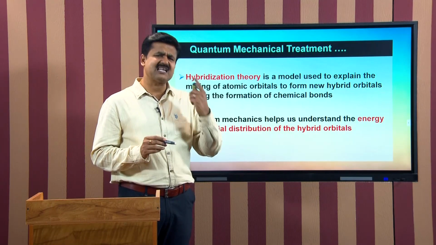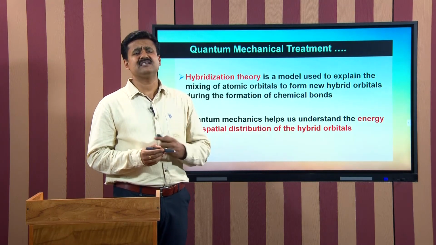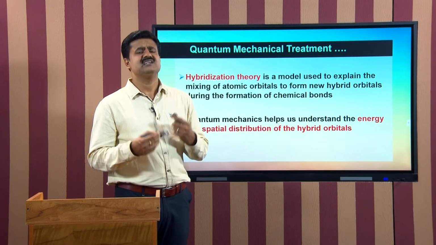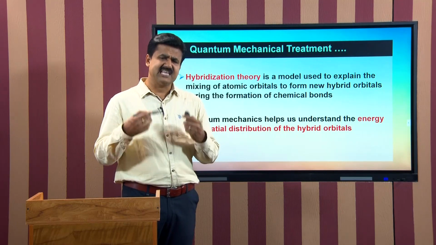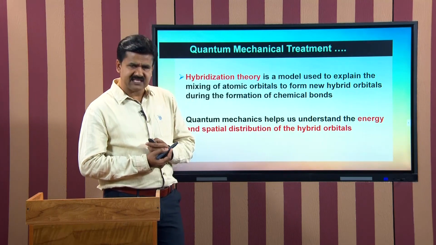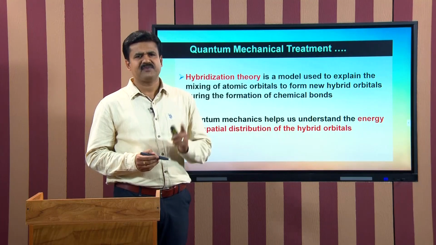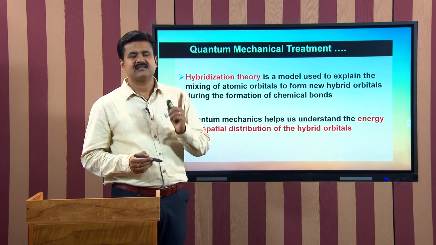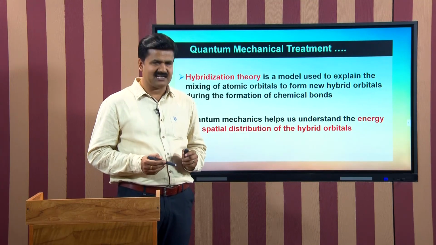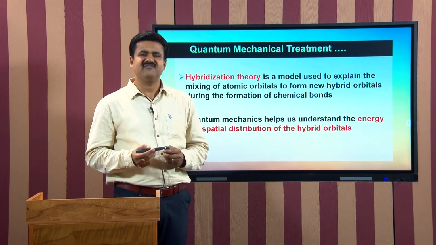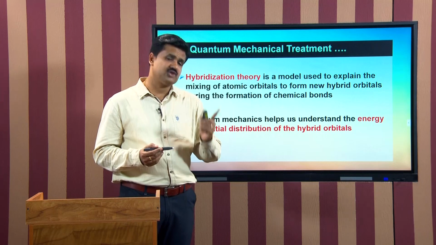That is, the molecule with sp hybridization has linear geometry. Similarly, if we take sp2 hybridization, then the resultant 3 sp2 hybrid orbitals will arrange towards 3 corners of a triangle, and hence the resulting molecules will have trigonal planar geometry.